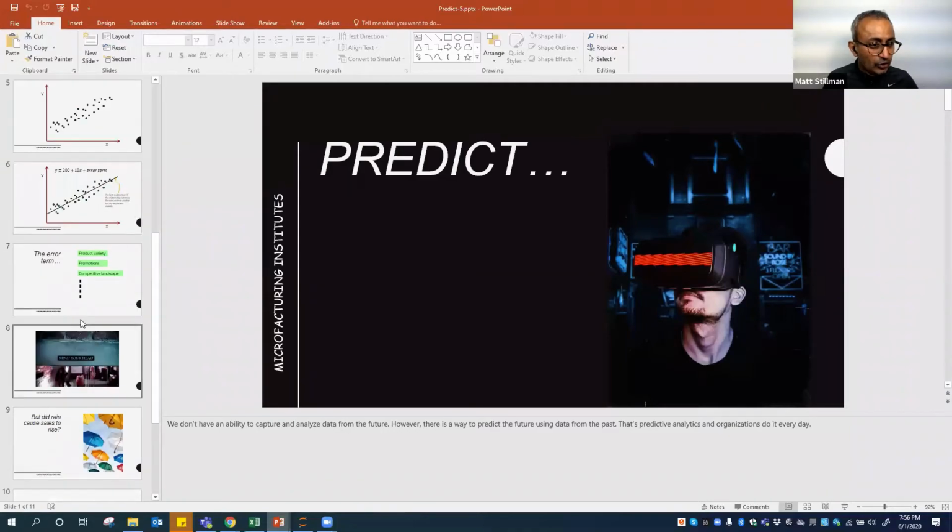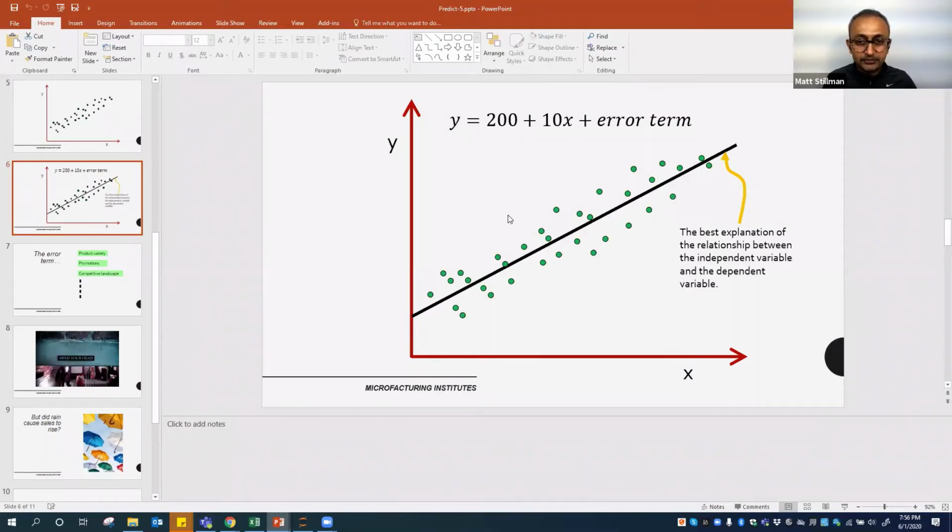So you're going to have an equation, say something like this. y is the outcome variable, which is on the y-axis, and x is a variable which is causing y. This could be anything, say a product design, or ideally, say, the price of a product and the sales volume.